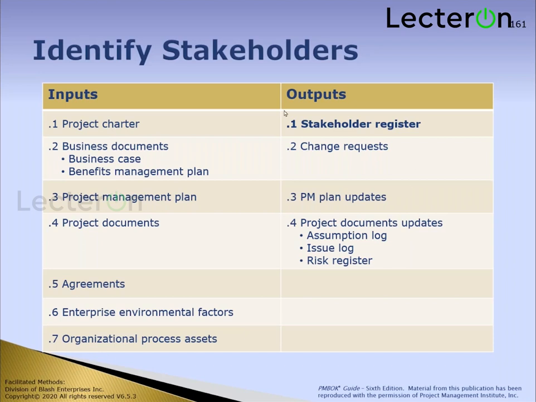My output is my stakeholder register we just briefly talked about before, and potentially change requests already. Partly because if I add a stakeholder, that may change my scope, it may change my schedule, it may change my budget. So those areas, once again, even at the very beginning, I could have those two.